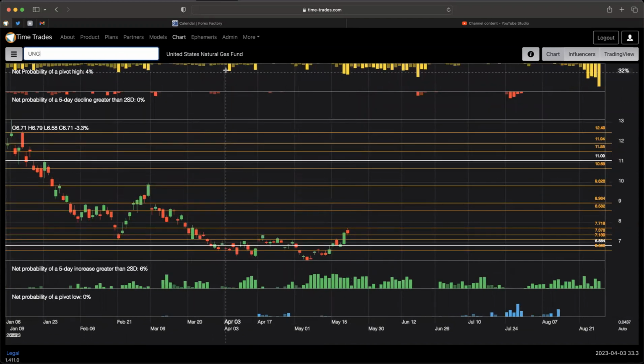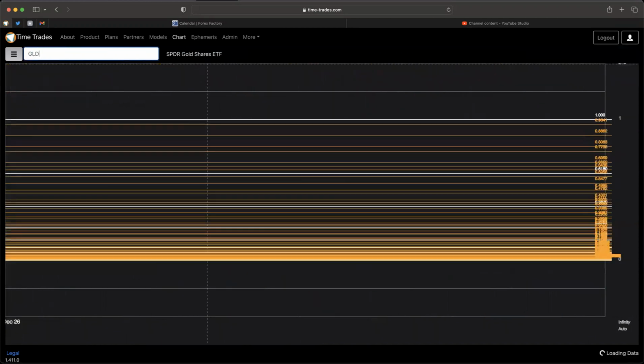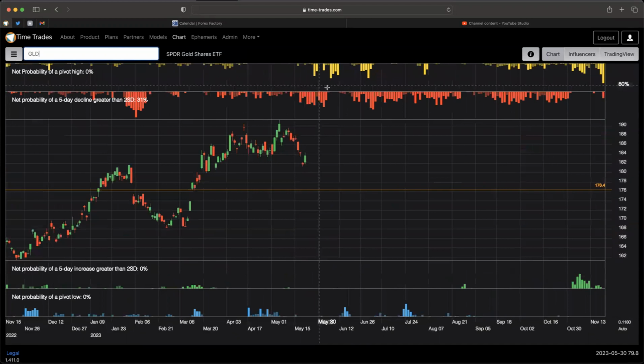All right, so that's looking good on UNG. Let's take a quick look at gold, GLD. So gold's having quite a correction at the moment. It looks like this correction is not quite done yet. There's a little bit more red to come in the forecast, and we've got this orange magic level down here at 176 on the GLD ETF.